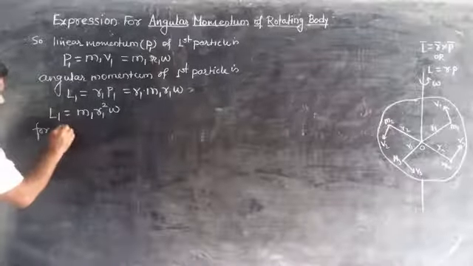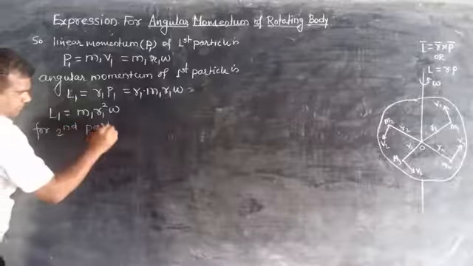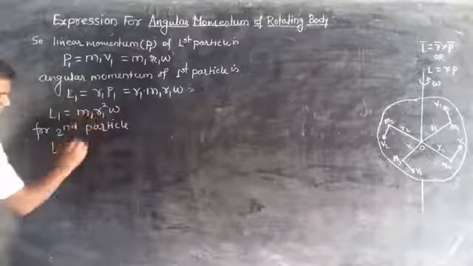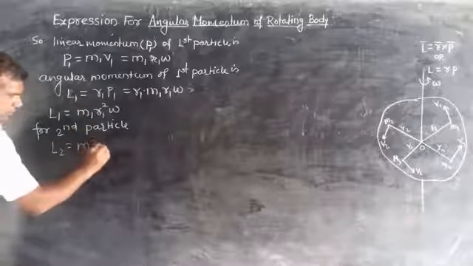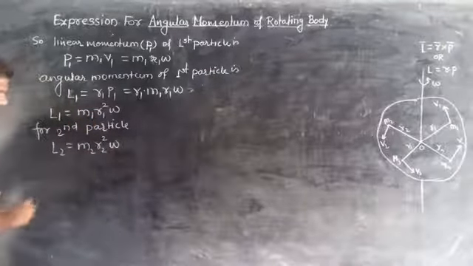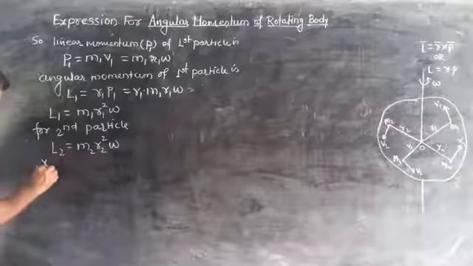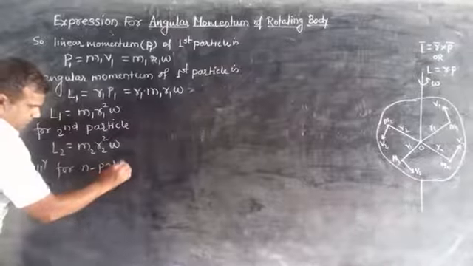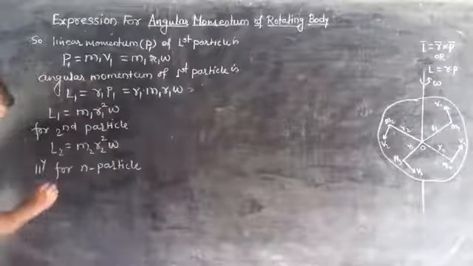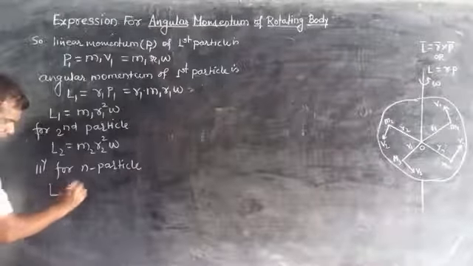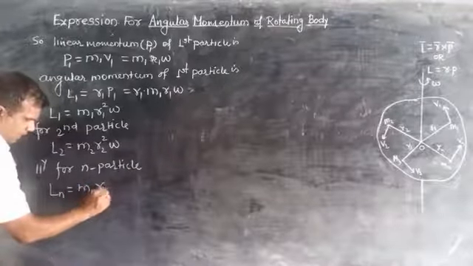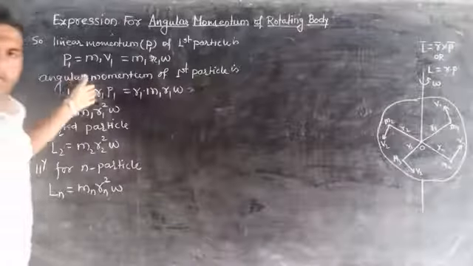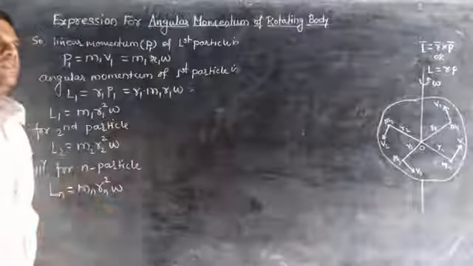For the second particle, L2 is equal to, instead of m1 we write m2, r2 square omega. Similarly, for the nth particle, Ln is equal to mn rn square omega. These are the angular momenta of the n particles.